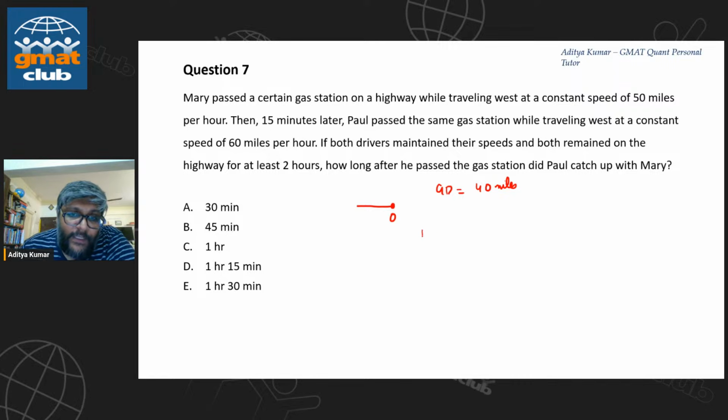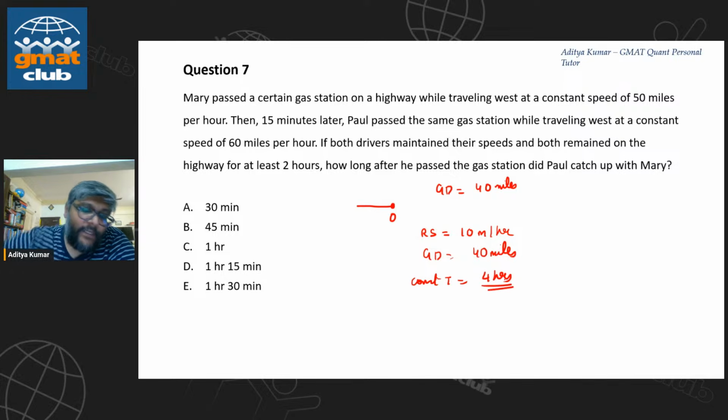So what will I say? They're continuing the journey, so the relative speed will still be 60 minus 50, that is 10 miles per hour. The gap distance you want to put is 40 miles. So what is the constant time that it will take to put that 40 miles gap? 4 hours. So they keep traveling again for 4 more hours after they meet to put that gap distance.